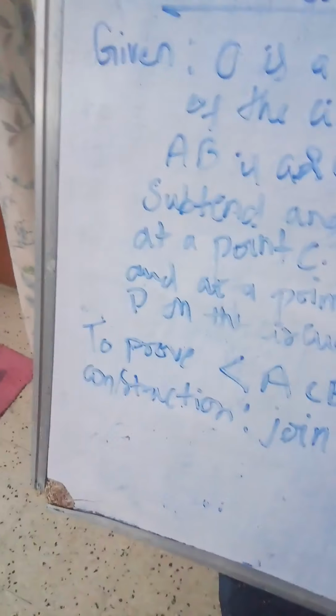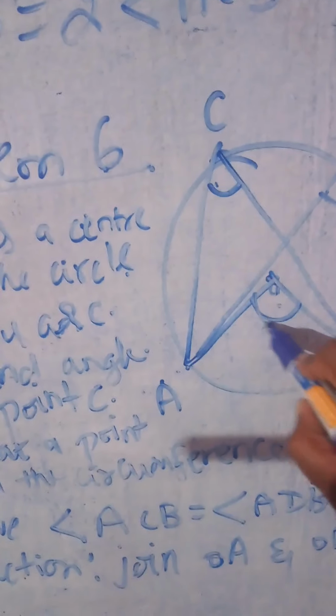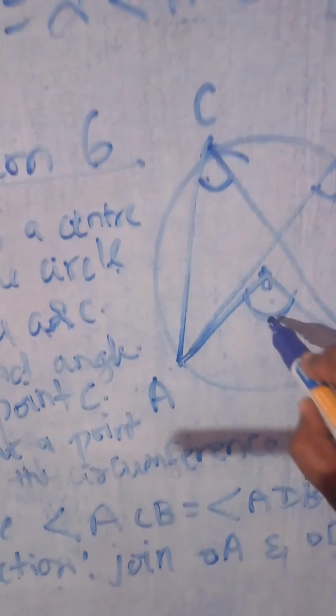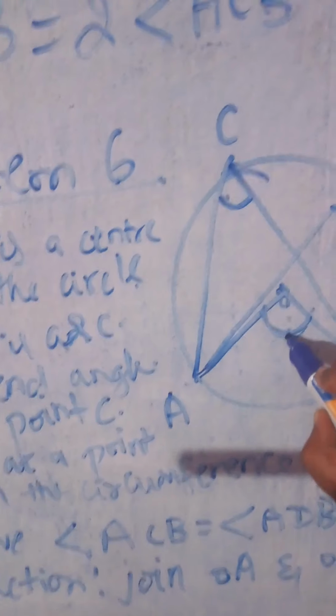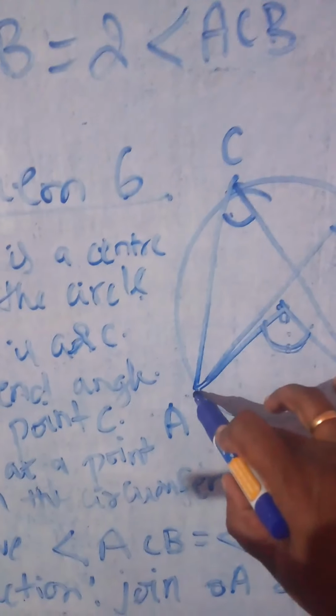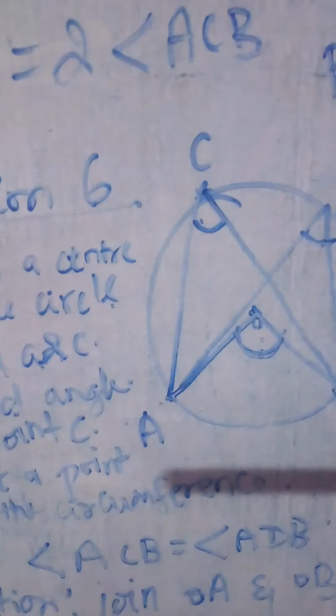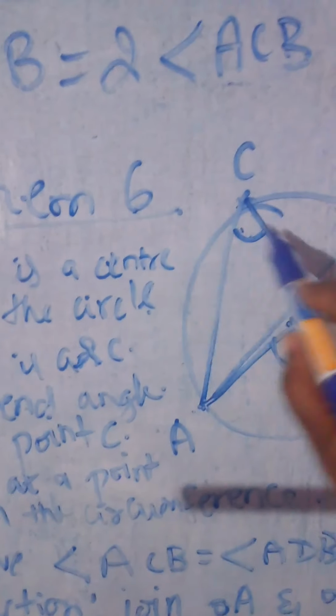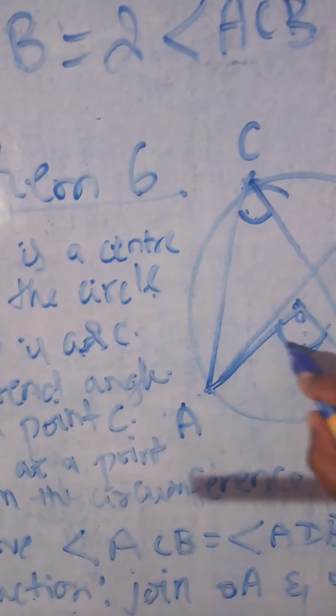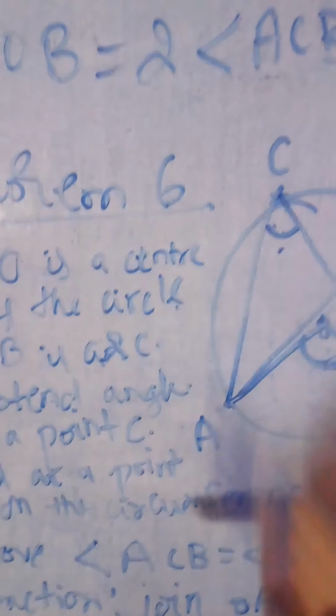Now, based on the first theorem, this AOB is the angle subtended by the arc AB at the center. This will be equal to twice ACB. This angle will be 2 times this.